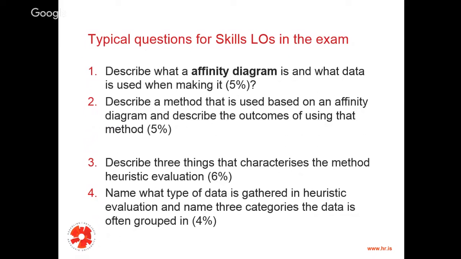And the third one is that the evaluators first evaluate separately, and then they gather the results, and the results are usability problems. But the thing that really characterizes the method is that it's based on guidelines. You choose the guidelines yourself. It could be 10 guidelines that you really think are good.